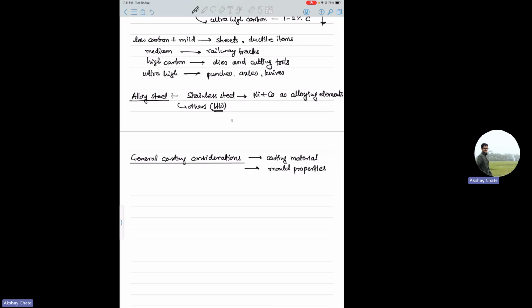And some other considerations, like section thickness, should be uniform. And what I mean by that is, if your final product is something like this, don't make the mold like this.